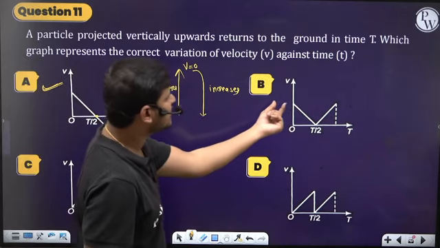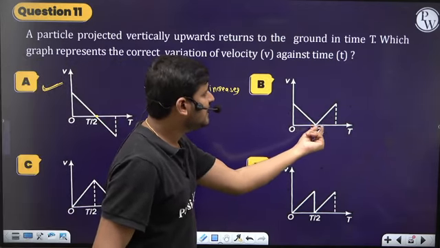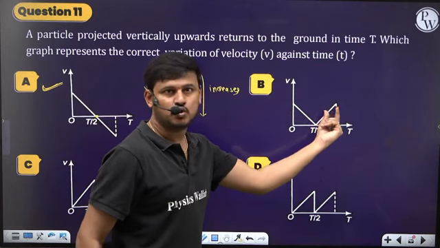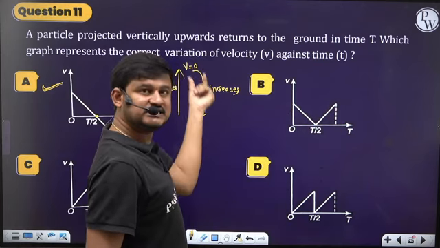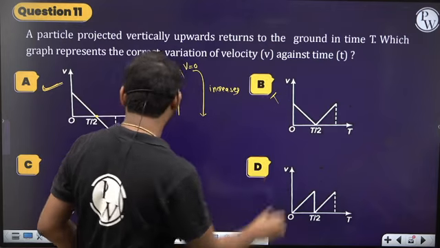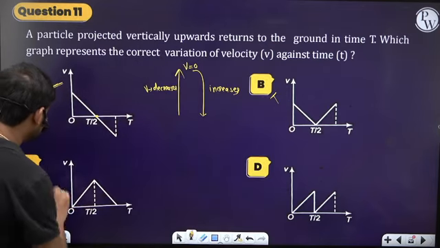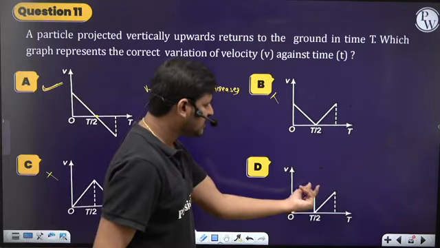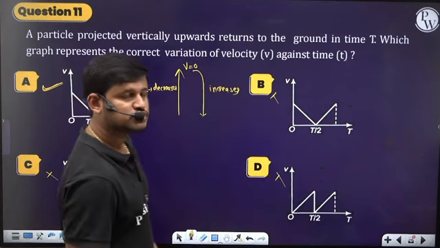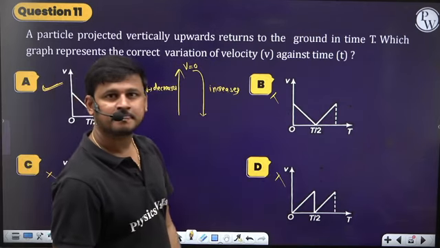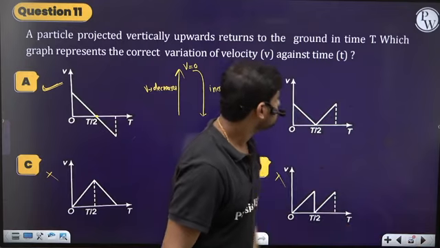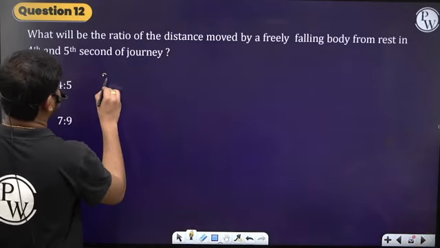Here, velocity decreases, becomes 0, and again increases in the positive direction. No. Velocity increases in the negative direction. This is a wrong option. Here velocity is increasing while going up. No. Here also velocity is increasing while going up. No. So the first one is the correct one. Clear? Sure.